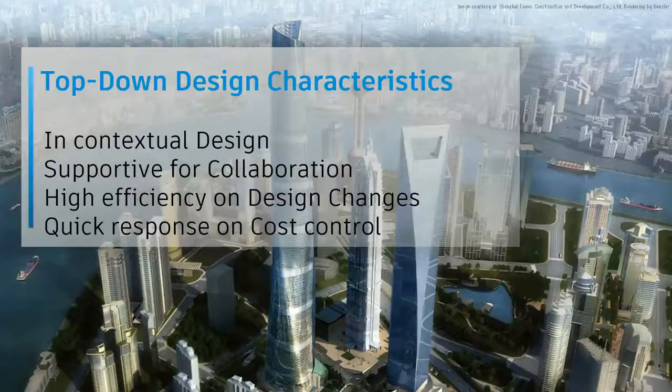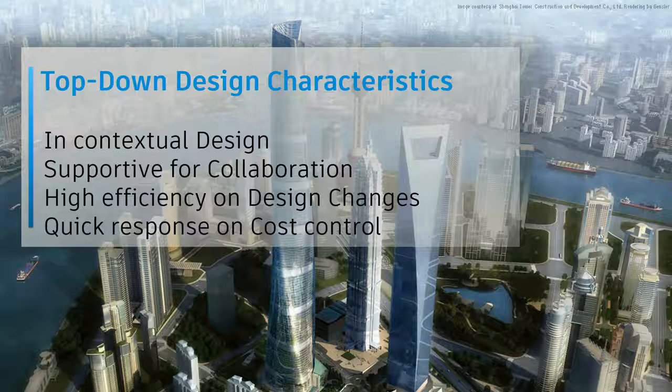So firstly, we want to summarize the key characteristics of top-down design. It's a method, and it has some key factors. First, it's in-context design, so each design happens in the same context. The second one is that it supports collaboration. Since everyone shares the same picture, it works for a team to share the work.